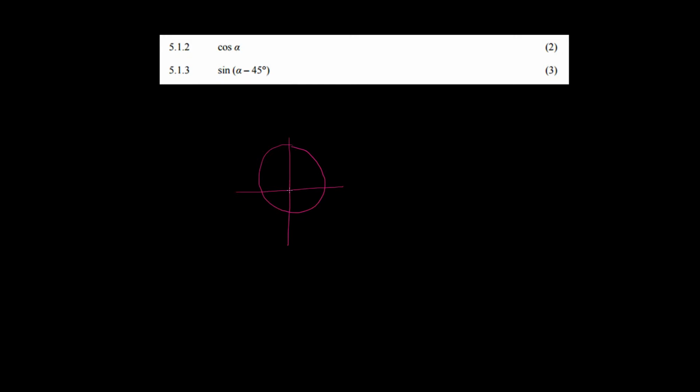Now, if I make some hypothetical angle theta right here, then the triangle it's going to form is going to have some y value and some x value. Okay, so then my sine value, so sine of theta, is just going to be opposite, which is y, over my hypotenuse. So I'll just write that as h.